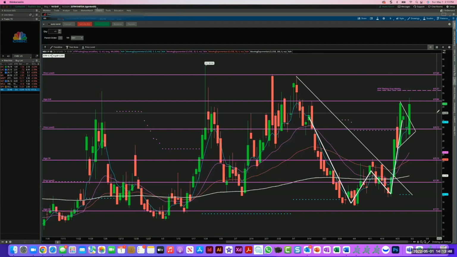So what we're going to want to see here is, we've got a doji here. This is called the morning doji, and now we have this break.